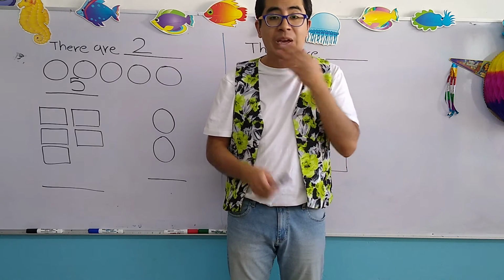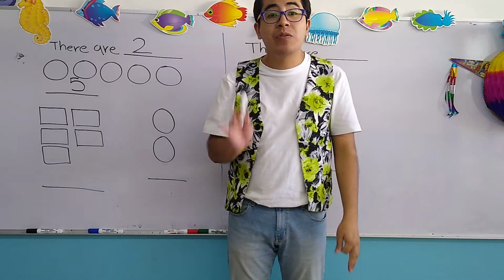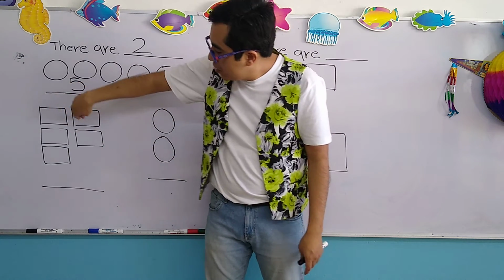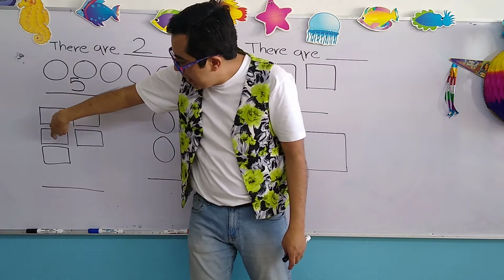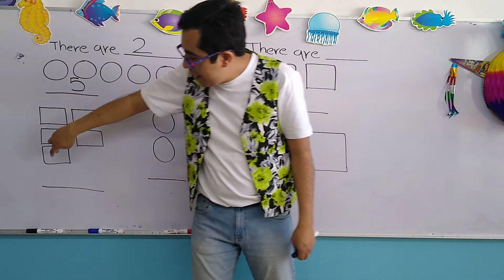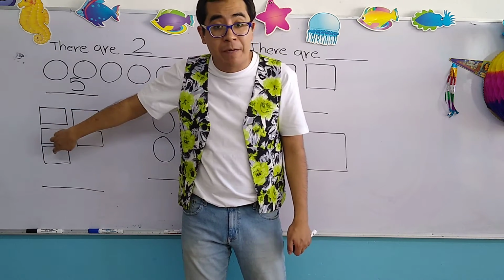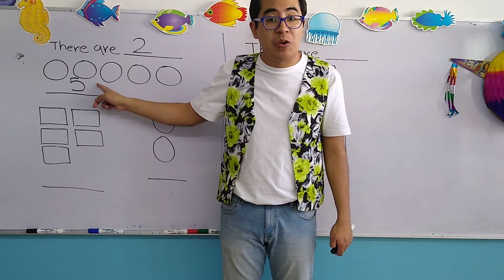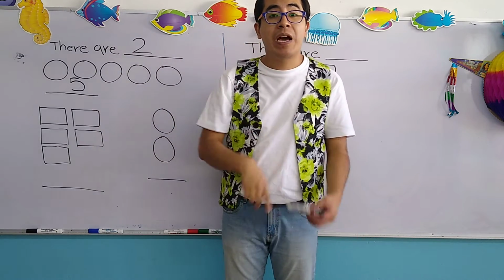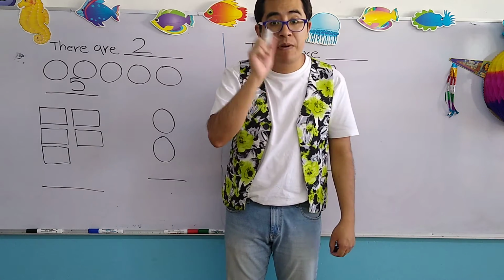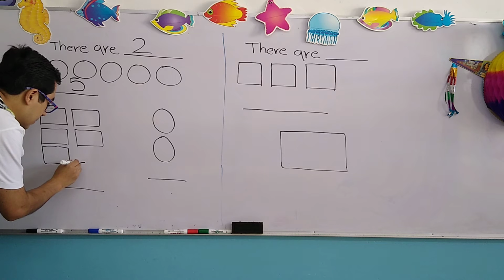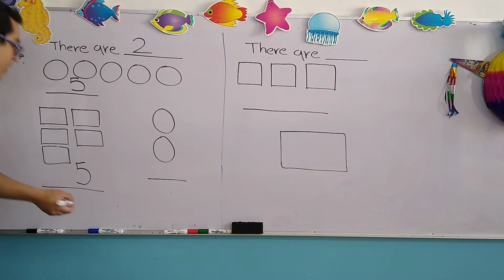And once again, we have to count how many rectangles appear on this part. 1, 2, 3, 4, and 5. There are 5 rectangles, just like the number 5 of the circle. So once again, we have to write number 5. Okay, the number with the big belly.